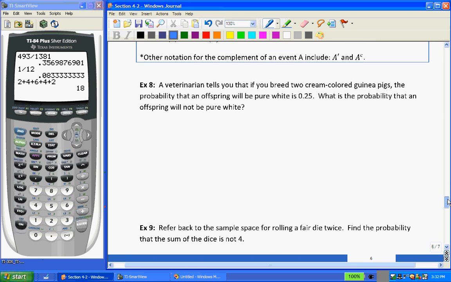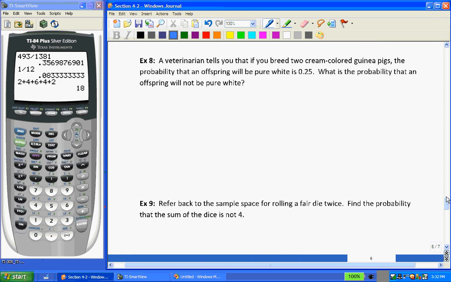Okay, example 8. A veterinarian tells you that if you breed 2 cream-colored guinea pigs, the probability that an offspring will be pure white is 0.25 or a quarter. What is the probability that an offspring will not be pure white? So let A be the event that the offspring is white.